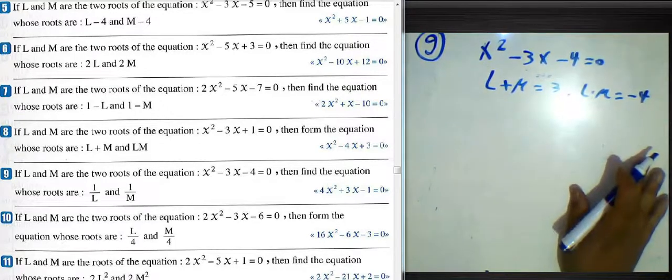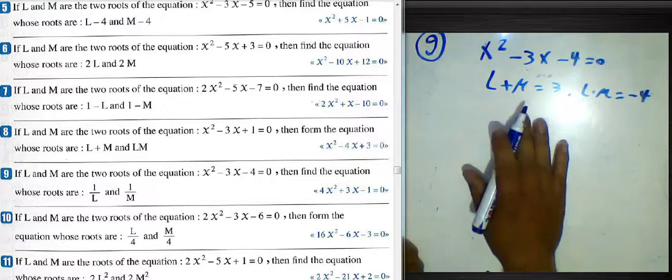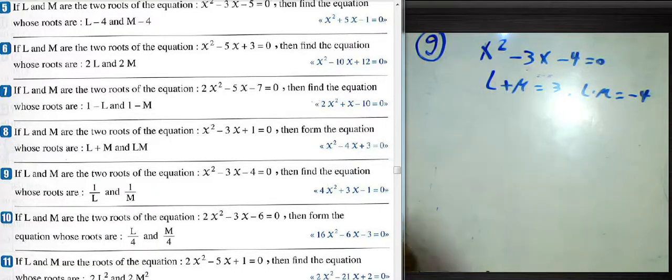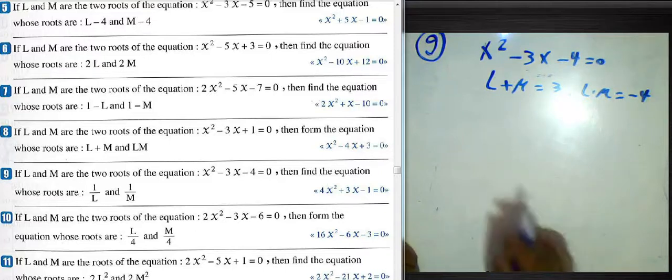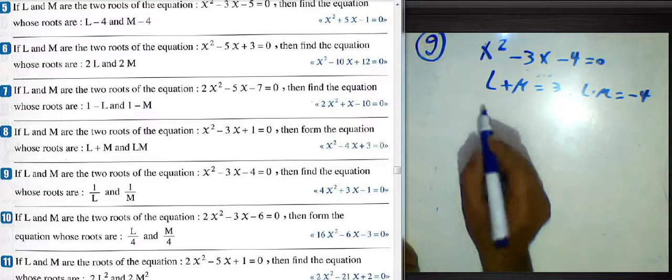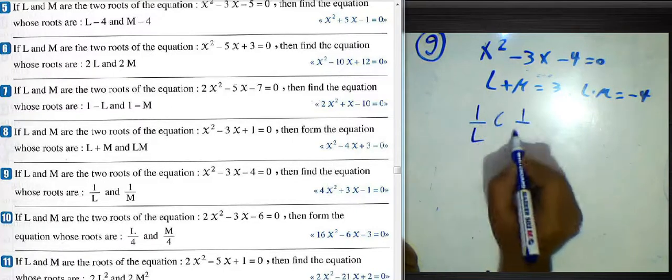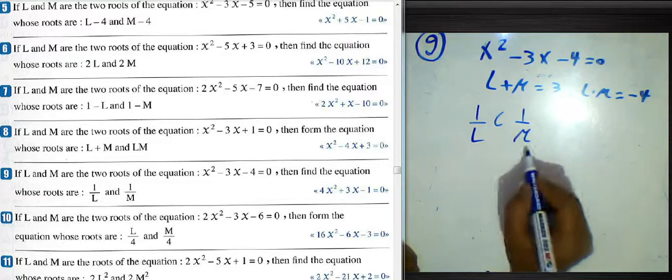It's okay. We have the sum and product of the two roots of the equation x power 2 minus 3x minus 4 equals 0. We want to find the equation whose roots are 1 over L and 1 over m. First, we want to find the sum.